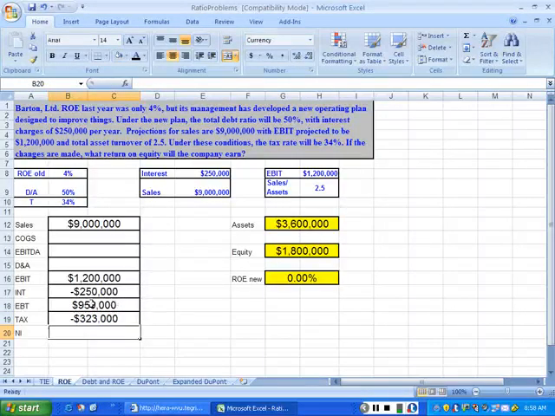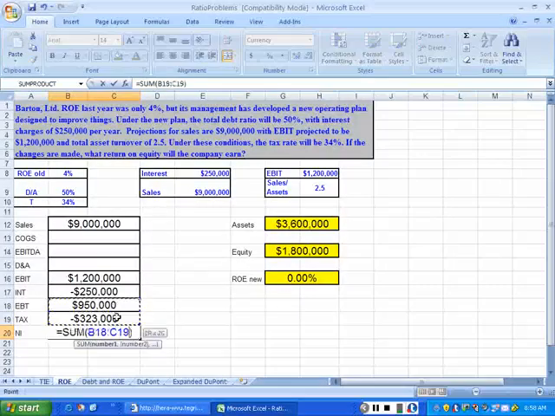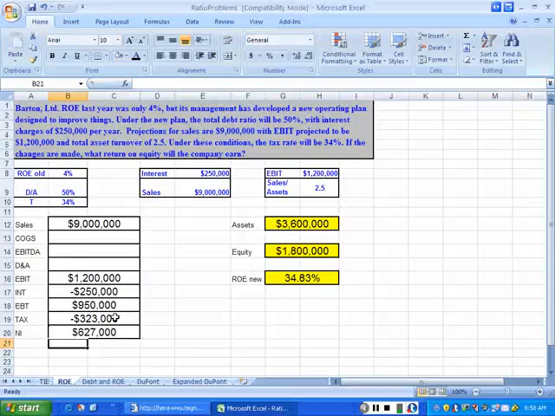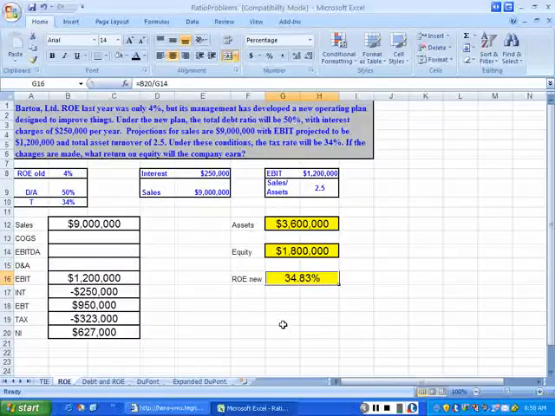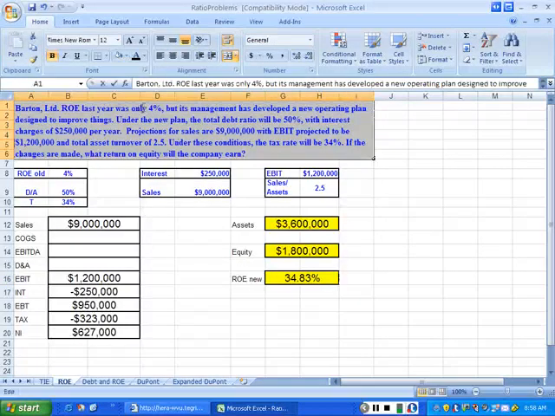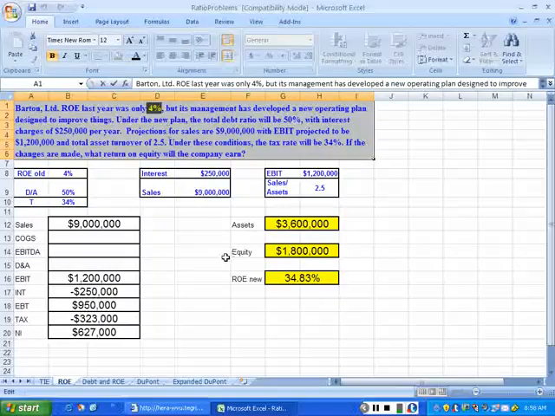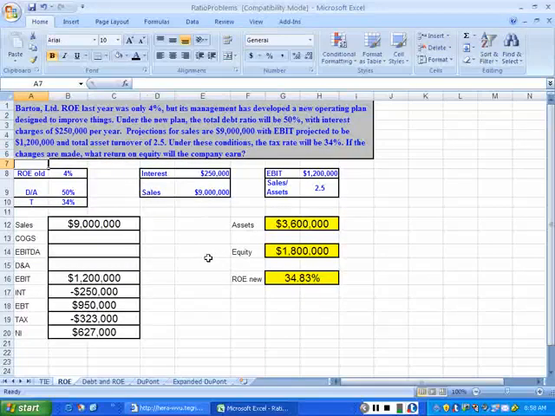So if I take the 950 minus this 323, in other words, add those two cells together, what I come up with is a net income figure of $627,000, and therefore $627,000 divided by 1.8 million is a return on equity of 34.83%. So coming from an old plan that was only 4%, that is a fairly dramatic improvement.